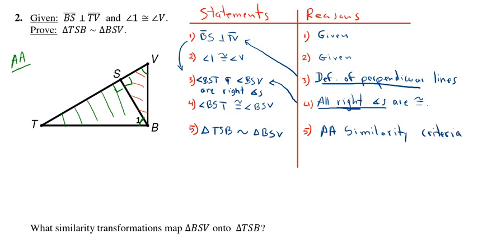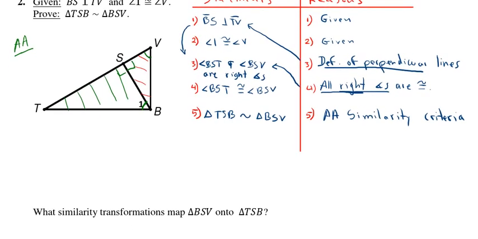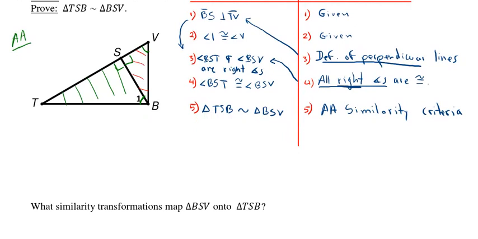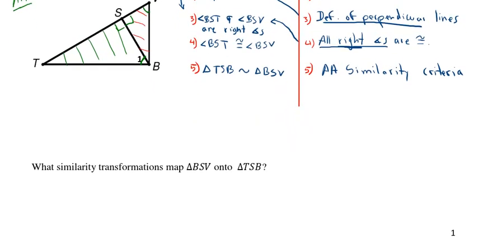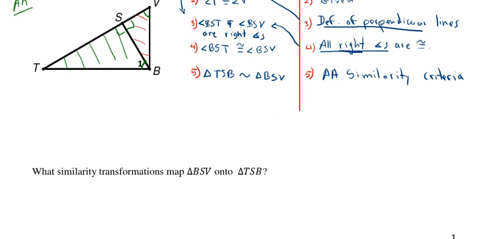Okay, so those are the proofs, and we're just going to answer the question that we have related to this one. Again, the question at the bottom says the same thing. What similarity transformations map triangle PSB onto triangle TSB?